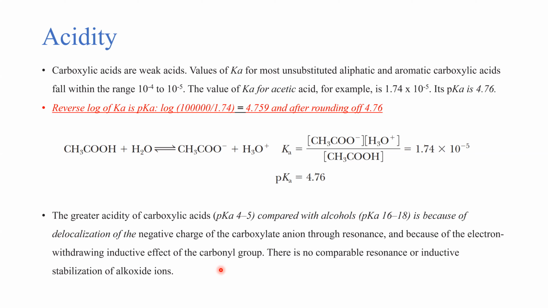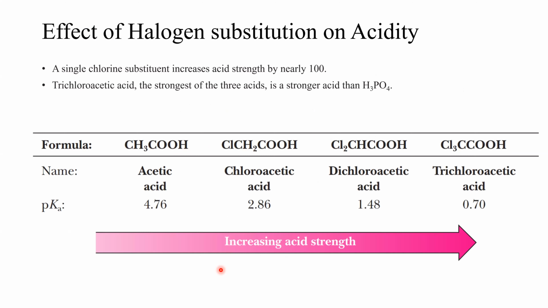So these are the things which contribute to the stabilization of the carboxylate ion and make it more stable, right? In other alkoxide ions, you will not see that much resonance or inductive effect stabilization as you can see in the carboxylic acids. Now we'll see the effect of halogen substitution on acidity.